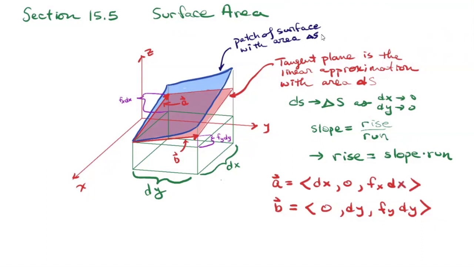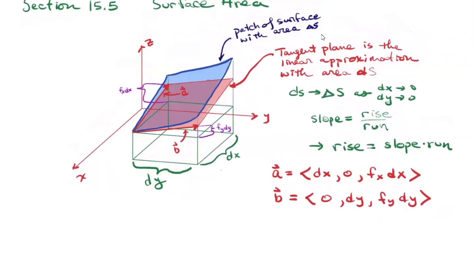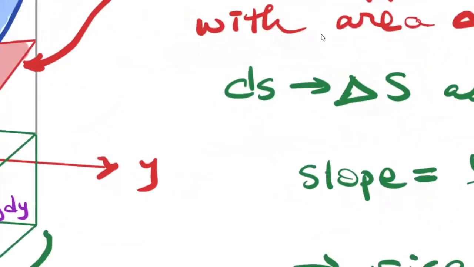Okay, any questions? Now we're really close to figuring out what dS is. Let's start working on dS. I have to back up a little because I realized I made a mistake. We always use a capital S for surface area, so make sure that's a capital S in dS.